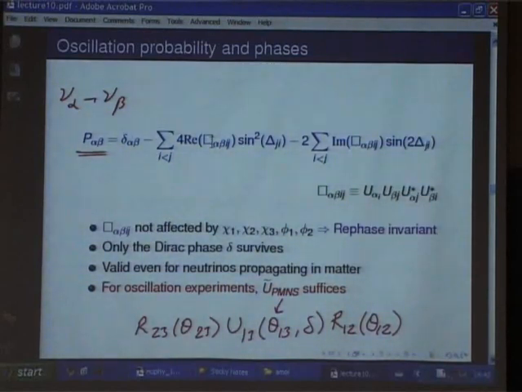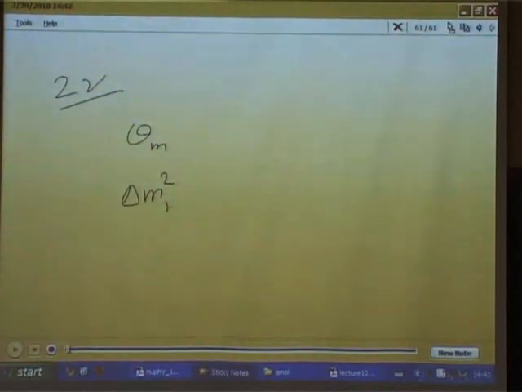We added this potential term and saw how the mixing angle changed. So we had two neutrinos. We added matter, and then we could calculate the value of theta m and delta m square.